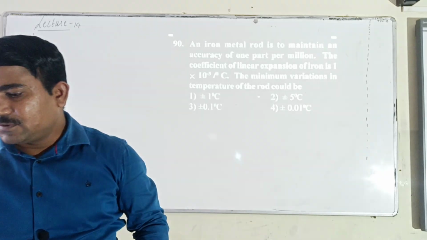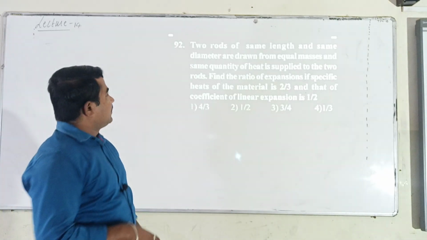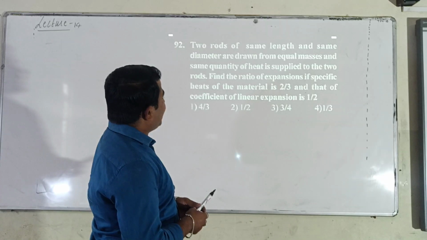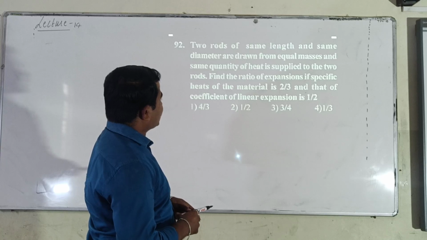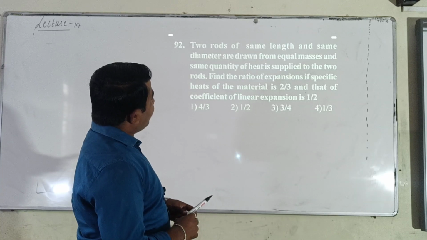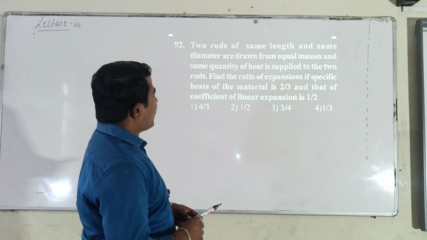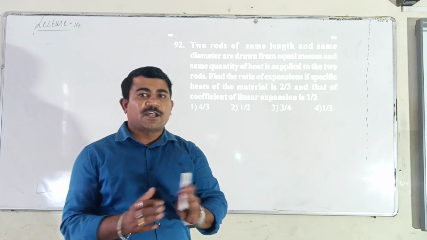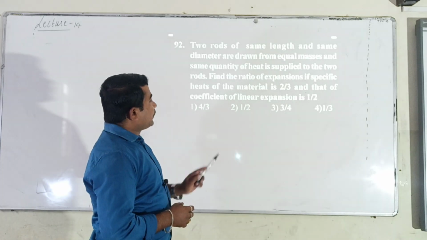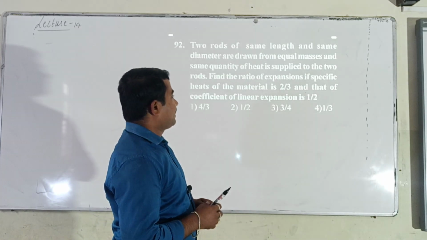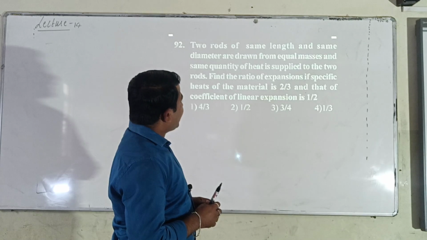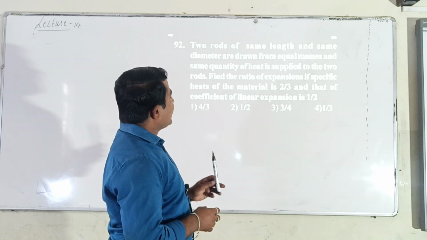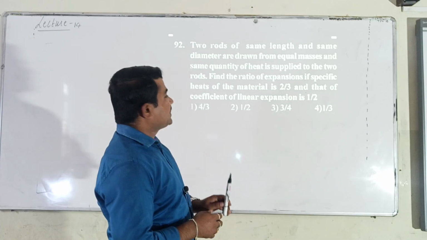The numerical says: 2 rods of same length and same diameter are drawn from equal masses, and the same quantity of heat is supplied to the ends of the rod.